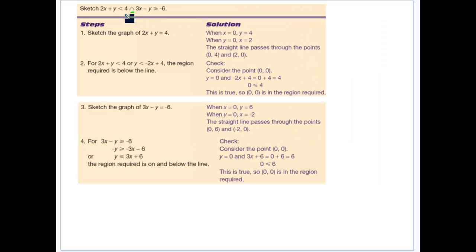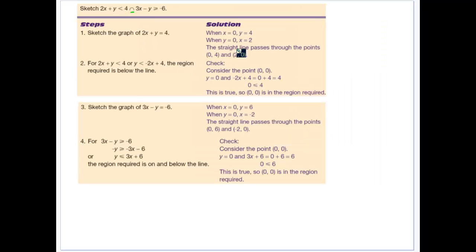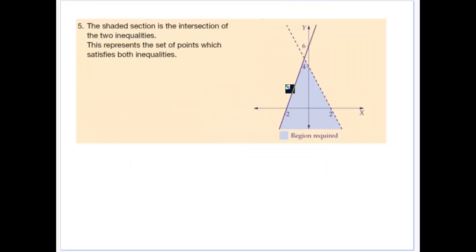So the first one, 2x plus y is less than 4. Well, there's that dotted line there, and we check 0, 0 in the working there. So you check 0, 0, and 0, 0 is in that region. So that's why it would have been shaded all the way down here. If we just had the dotted line there, it would have been shaded there.